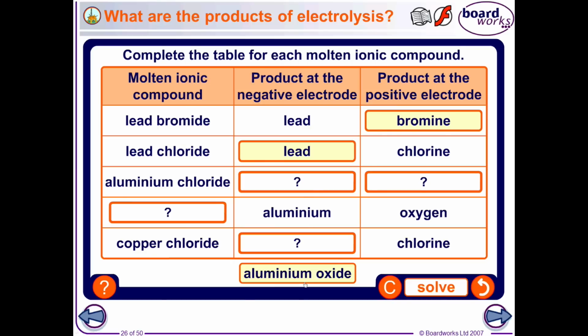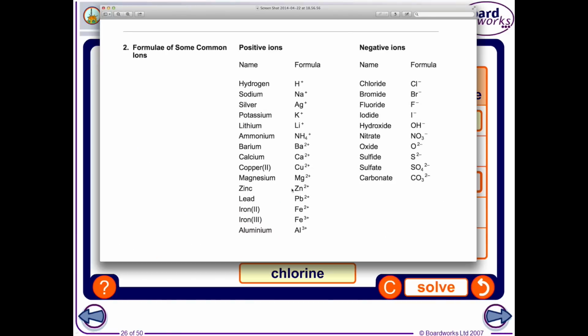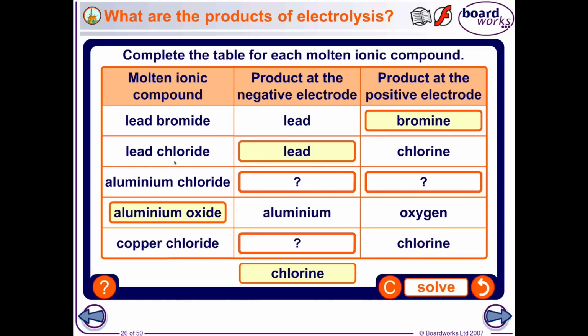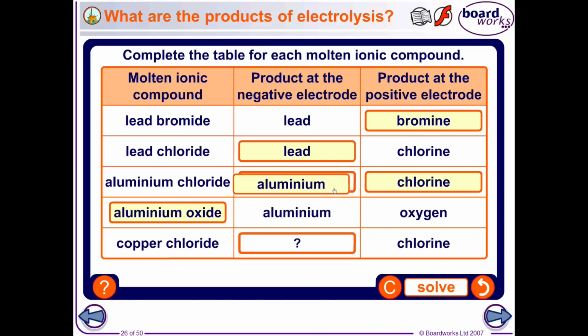Now in the next example, the next example is aluminium chloride. Now immediately I go to my data sheet, aluminium is 3+, chloride is minus, so again, if aluminium is 3+ and chloride is minus, then the chloride is going to be attracted to the positive side and the aluminium is going to be attracted to the negative side. My second to last example is aluminium oxide.